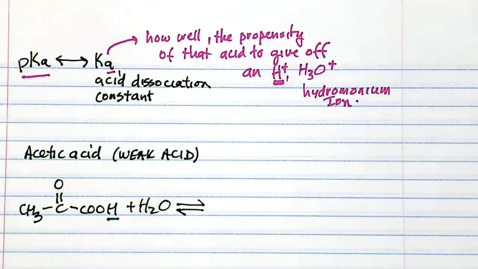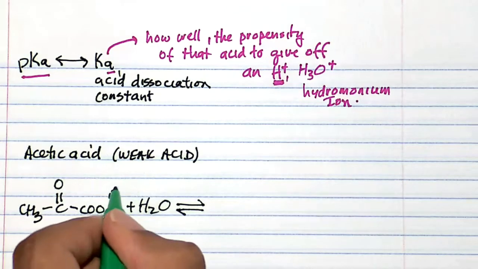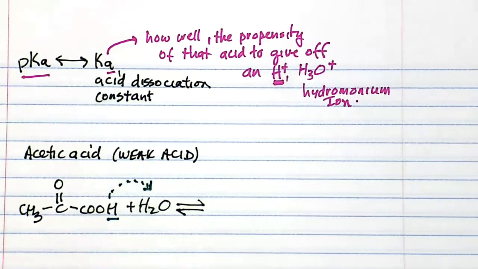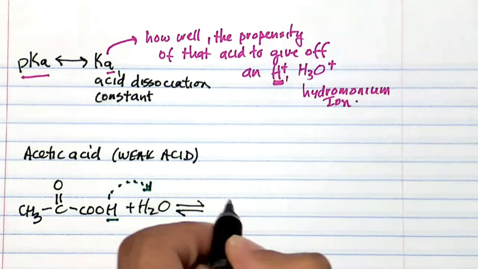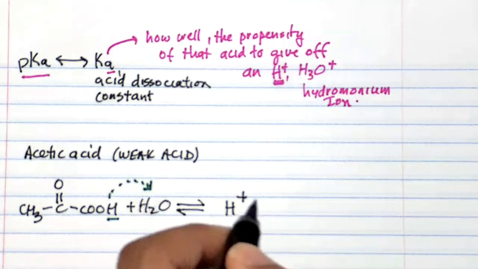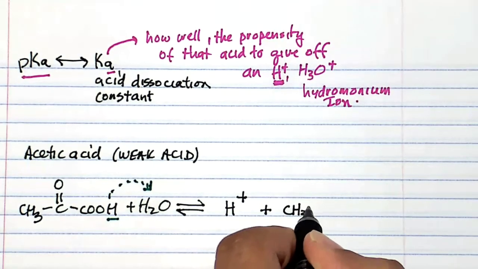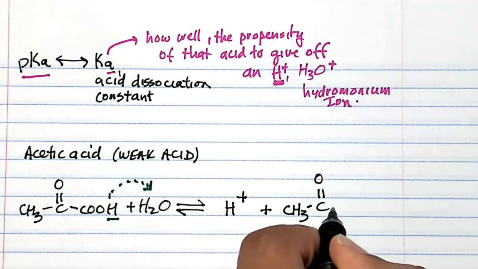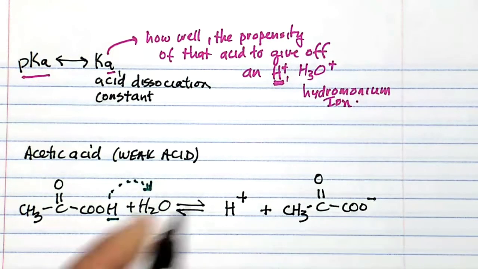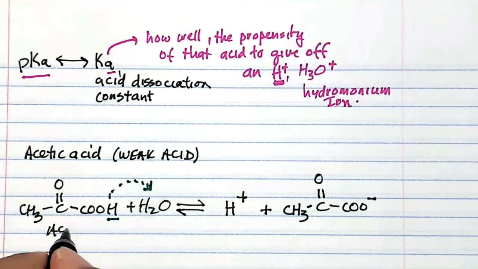But acetic acid is a weak acid, but it can still have the ability to donate that proton and yield H3O plus, which I'm just going to call H plus, and its conjugate base. So the conjugate base of acetic acid is the acetate ion. So here is acetic acid.